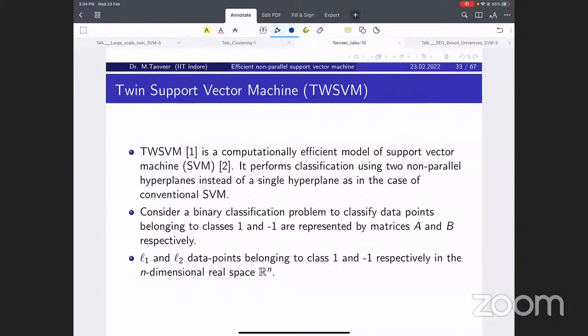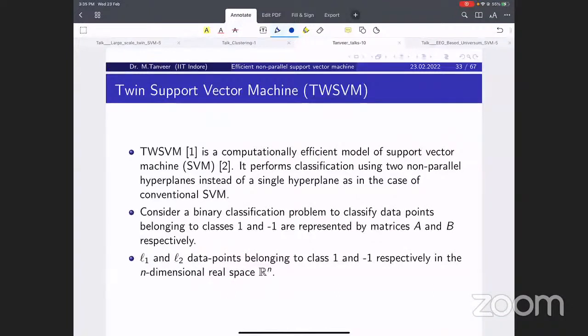As I mentioned, the complexity is high. In the next slide we'll discuss mathematically how twin SVM is an efficient algorithm.